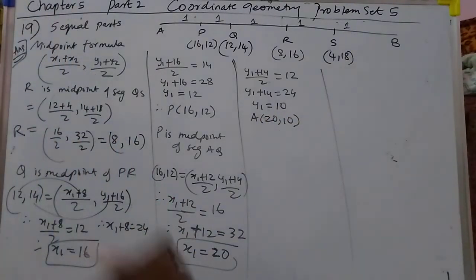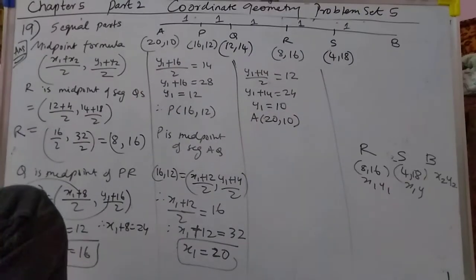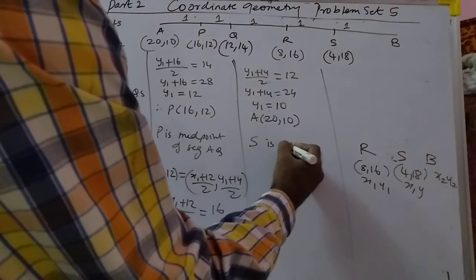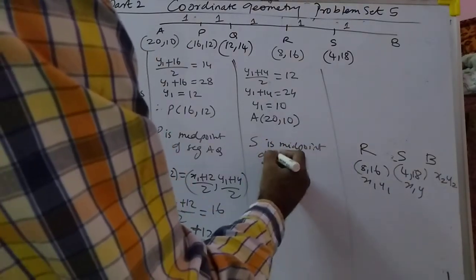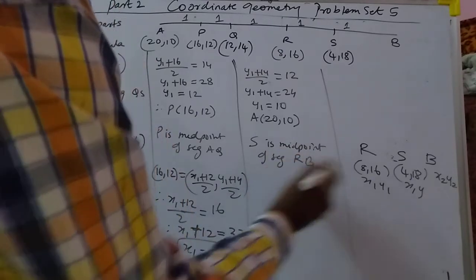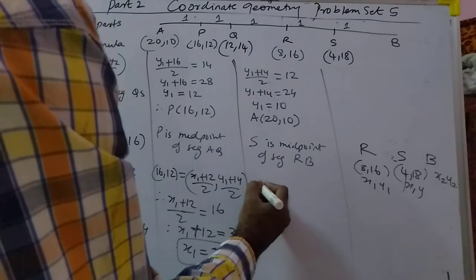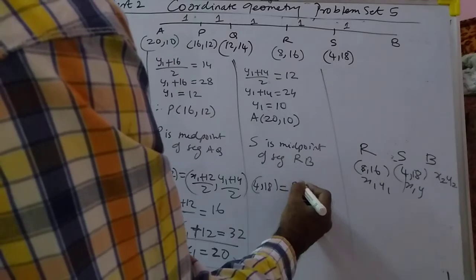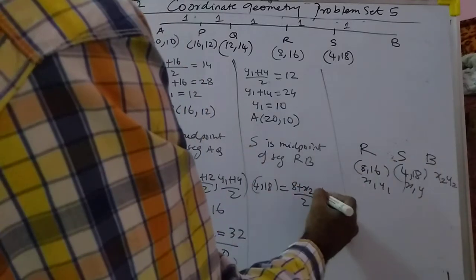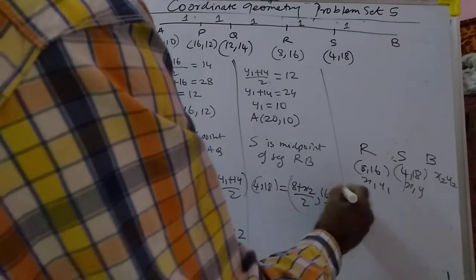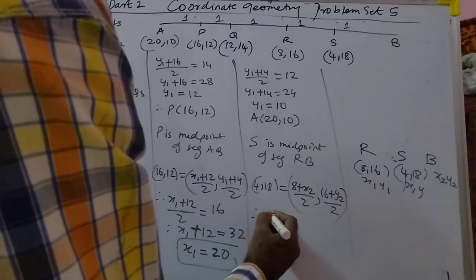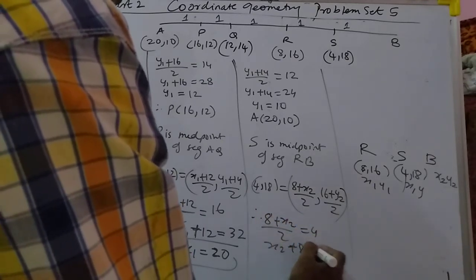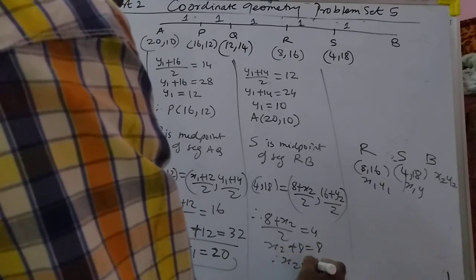Okay, so next we calculate for B. H is the midpoint of segment RB. So that is 4 comma 18 is equal to x1 plus x2, so 8 plus x2 upon 2, 16 plus y2 upon 2. Now compare it. Therefore 8 plus x2 upon 2 is 4. x2 plus 8 is equal to 8. x2 is equal to 0.